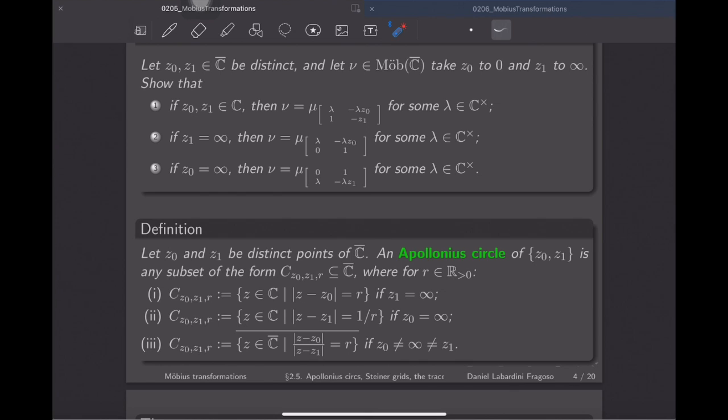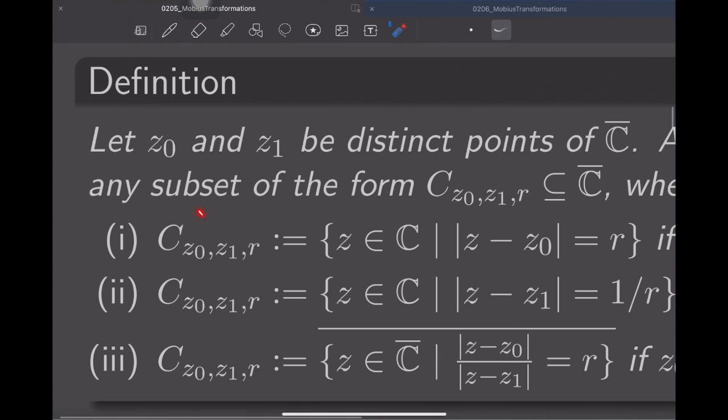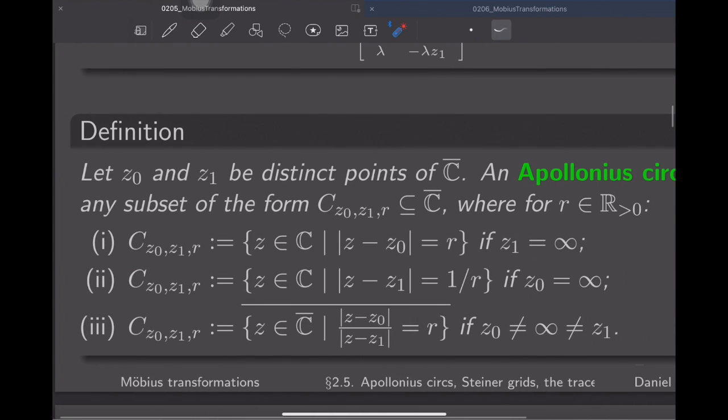And so for two distinct points and a positive real number R, the corresponding Apollonius circle, centered at both points with respect to this parameter R, is defined.